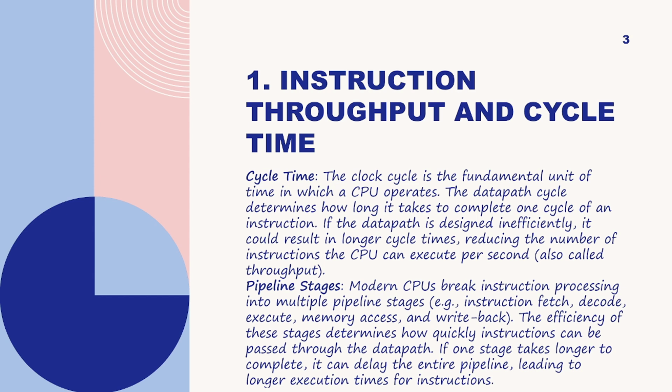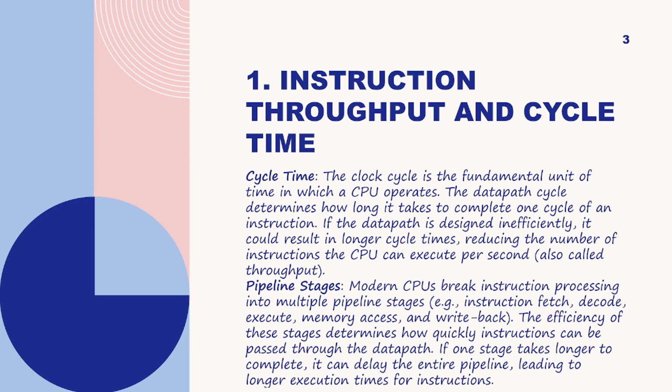And then the data path cycle determines how long it takes to complete one cycle of an instruction. If the data path is designed inefficiently, it could result in longer cycle time, reducing the number of instructions the CPU can execute per second, which is also called the throughput.